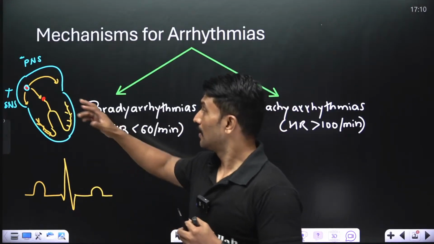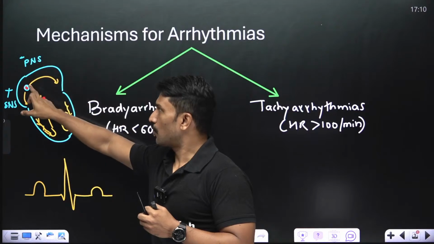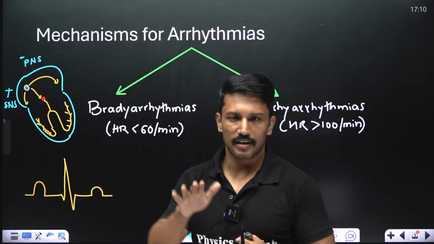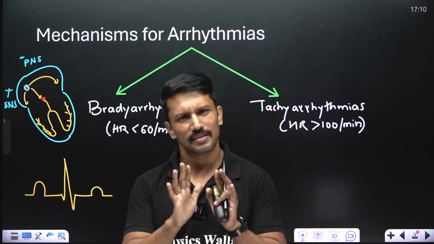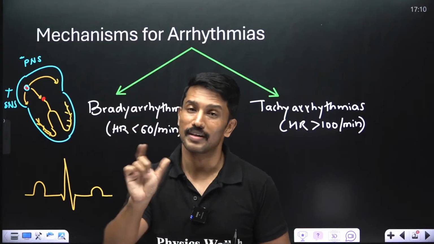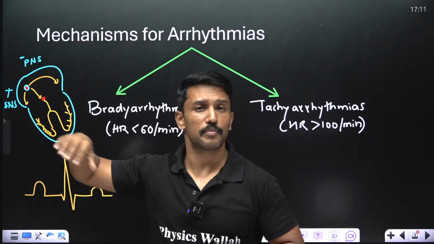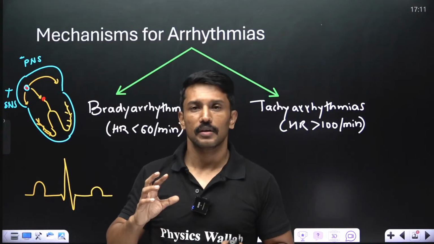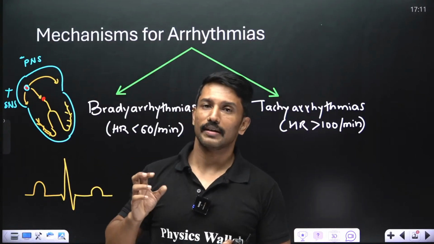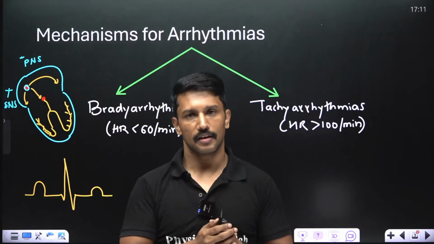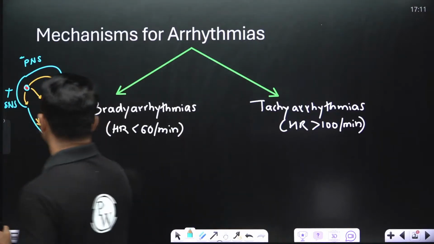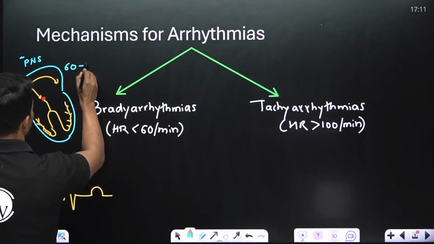If my natural response suppresses the SA nodal activity and the rate drops below 60, the SA node is still the pacemaker, so I'm going to call it sinus bradycardia. And when heart rate increases above 100 because of increased sympathetic drive, the SA node is still the pacemaker, so I will call it sinus tachycardia, right? But normal automaticity is set at 60 to 100.